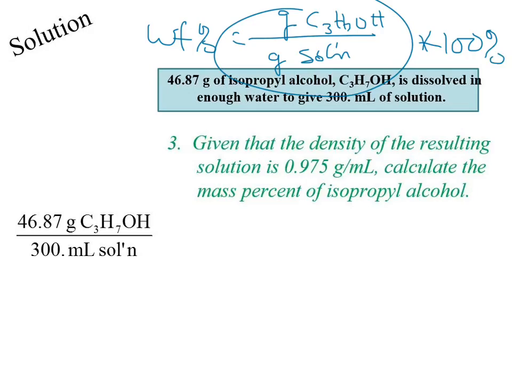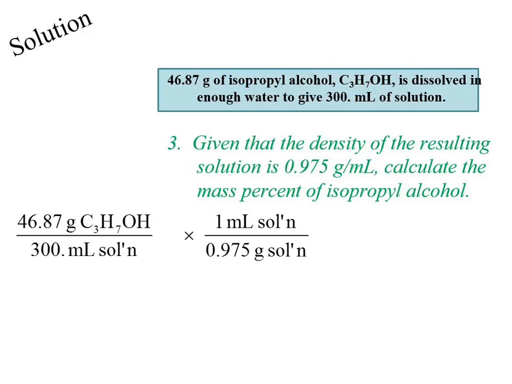So if I take my density and insert it, I want milliliters to cancel. Does this make sense that I need to flip my density? If I flip my density, then I have 1 milliliter of solution on top, and that 0.975 grams of solution on the bottom.